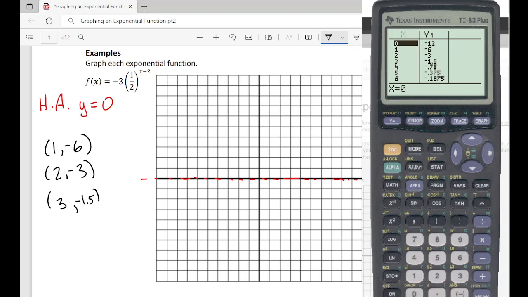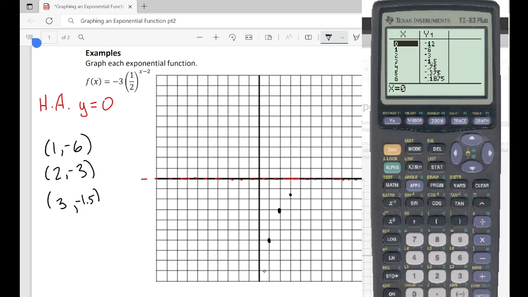We'll see. So at 1, -6, so 2, 3, 4, 5, 6. And then at 2, -3, so 1, 2, 3, and then 3, -1.5. So 1.5 here. So it has this kind of a shape going on to it.